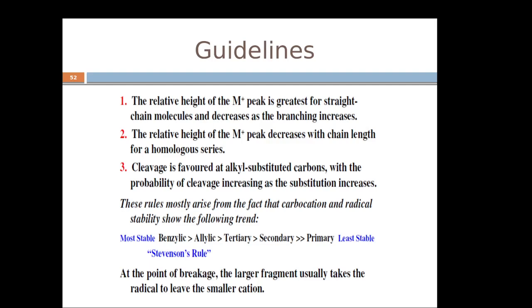The larger fragment will take up the radical character, whereas the smaller fragment will take the cationic character. So when the molecular radical cation gets broken, the larger fragment takes the radical character and the smaller fragment takes the cationic character.